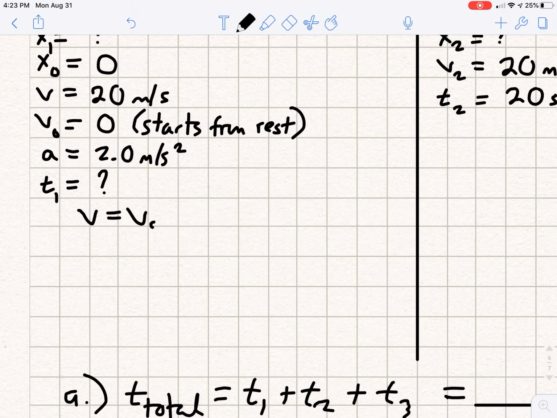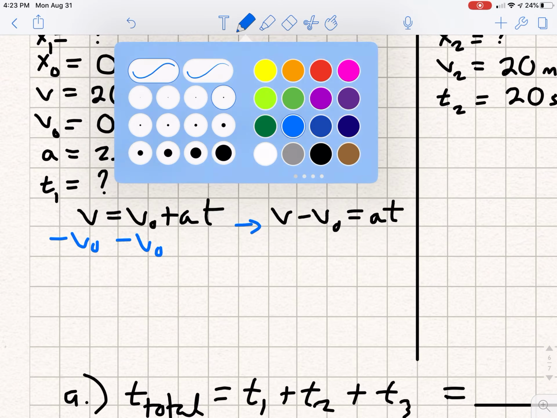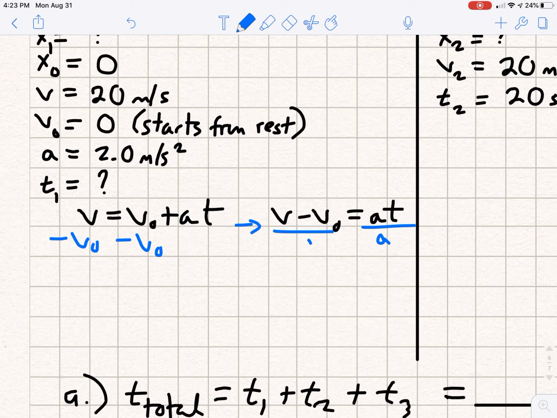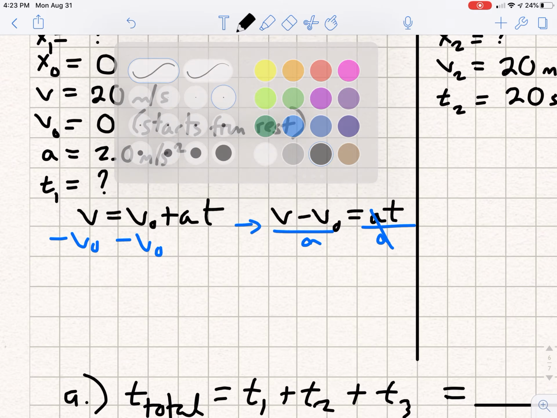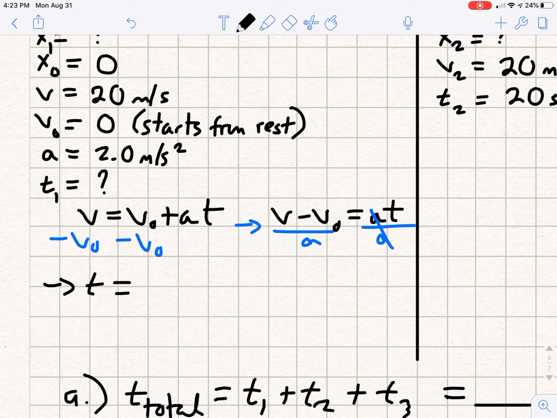V equals v naught plus at. We subtract v naught from both sides, and v minus v naught equals at. Divide by a, and time equals v, which is 20 minus 0, over a, which was 2 meters per second squared.